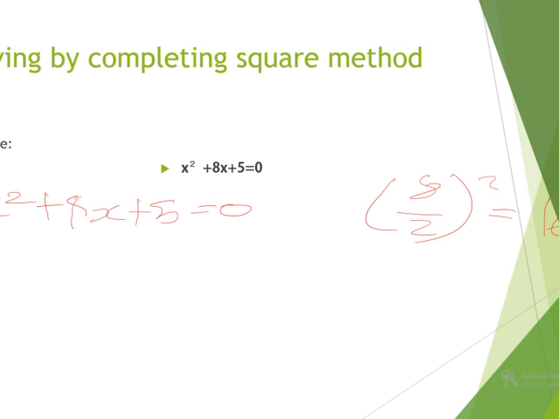So x squared plus 8x plus 16 is equal to 16 minus 5. We'll make this 15 because 5 doesn't look like an appropriate answer we will get at the end.